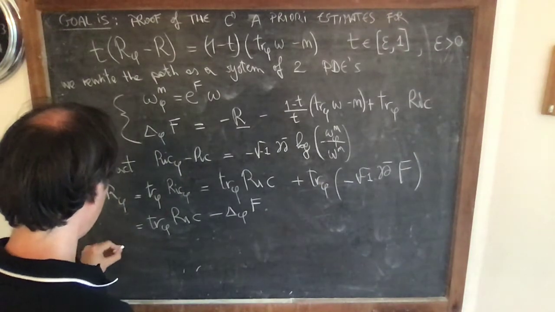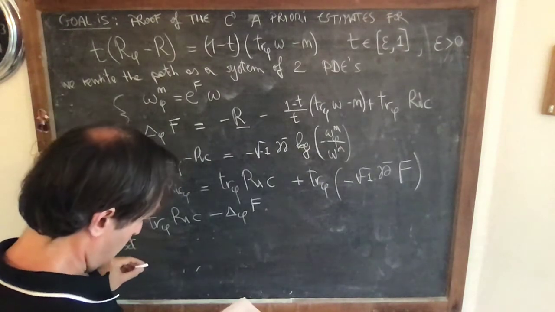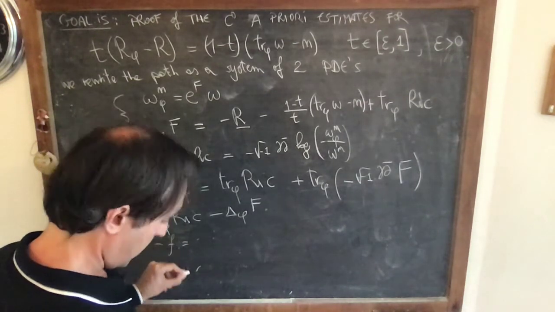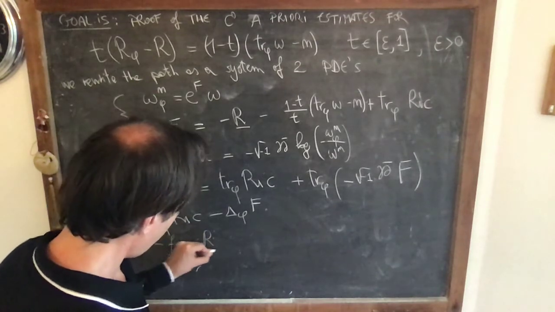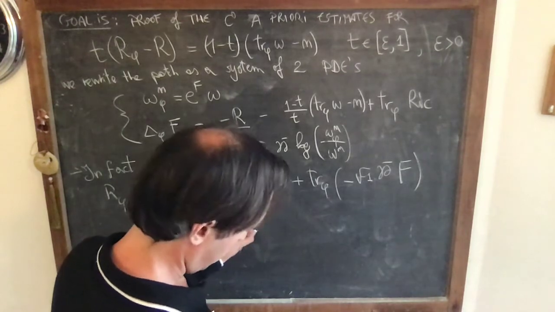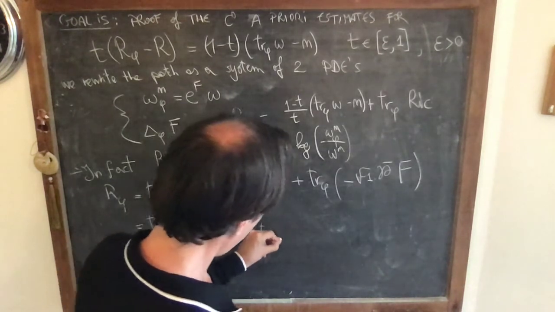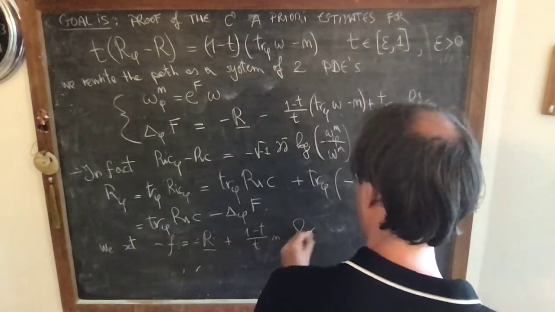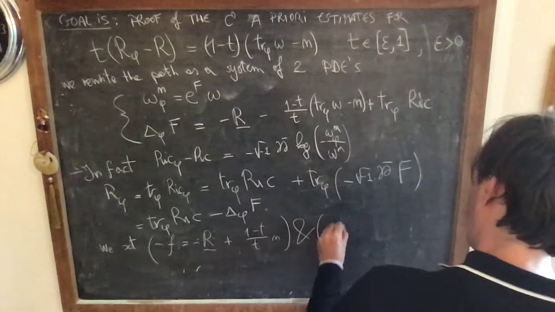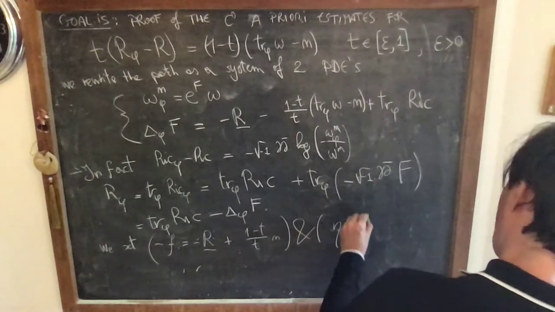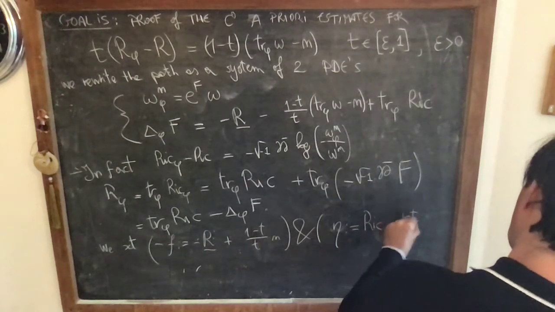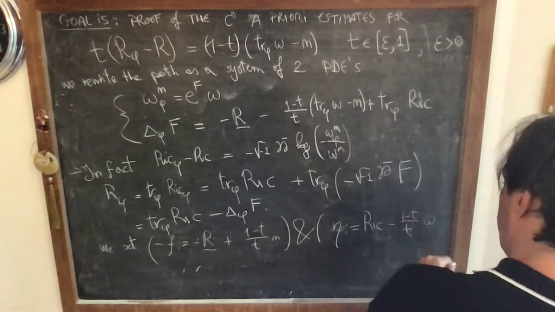We set minus lower f defined as minus average of R plus 1 minus t over t times n, and eta to be defined as the 1-1 form given by Ricci of the background metric minus 1 minus t over t times omega.